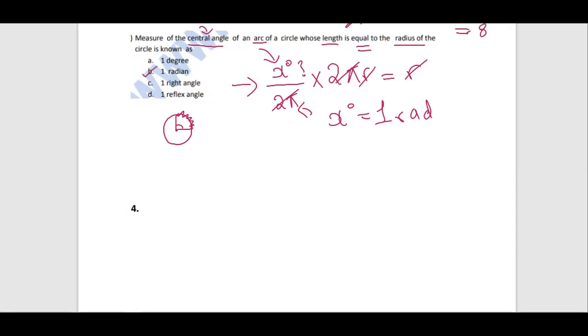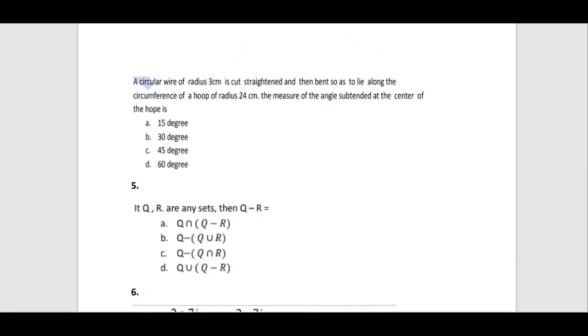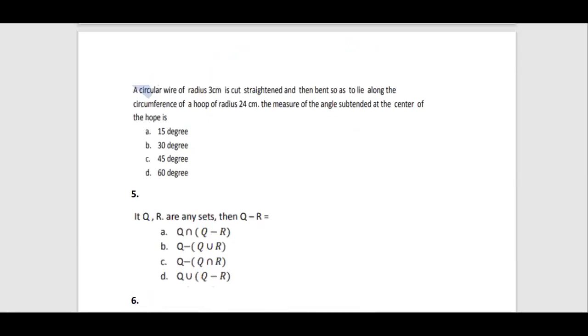Okay, perfect. Let's talk about the fourth question. A circular wire of radius 3 centimeters is cut, straightened, and then bent so as to lie along the circumference of a hoop of radius 24 centimeters.